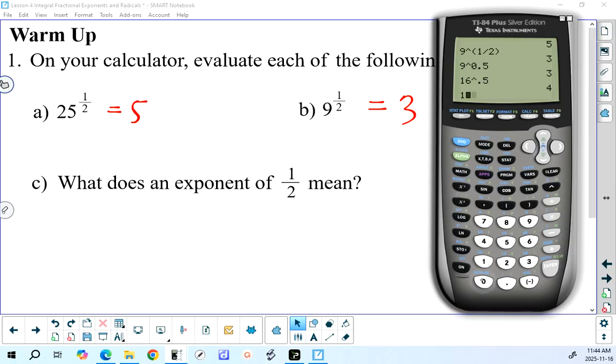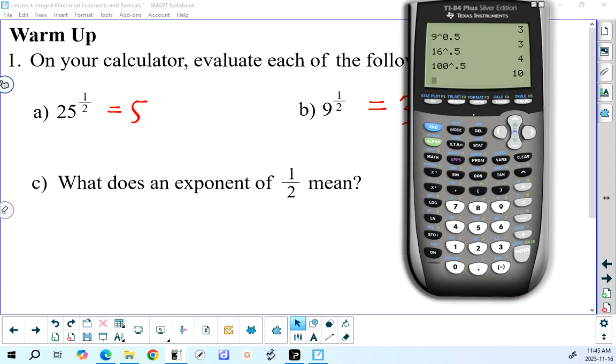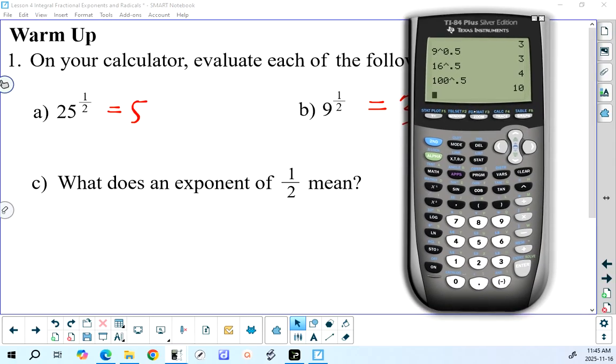What about 100? I know the square root of 100 is 10. What if I raise 100 to the 0.5, which is 1 over 2? I get 10. I could even do this with numbers that are not perfect squares. Like I could take the square root on my calculator of 78 and look at the decimals. We should know that that is an irrational number when that happens.